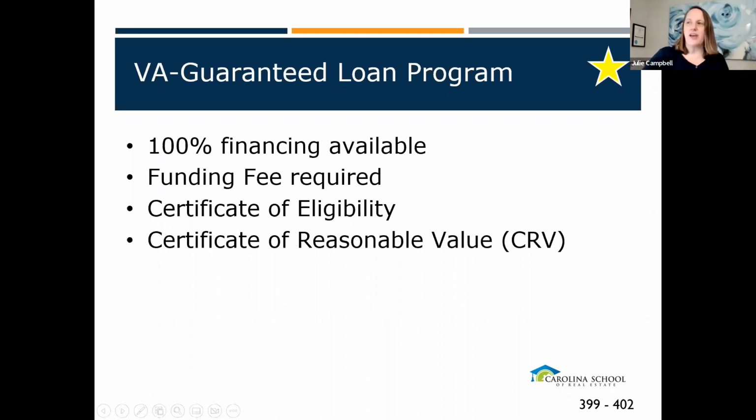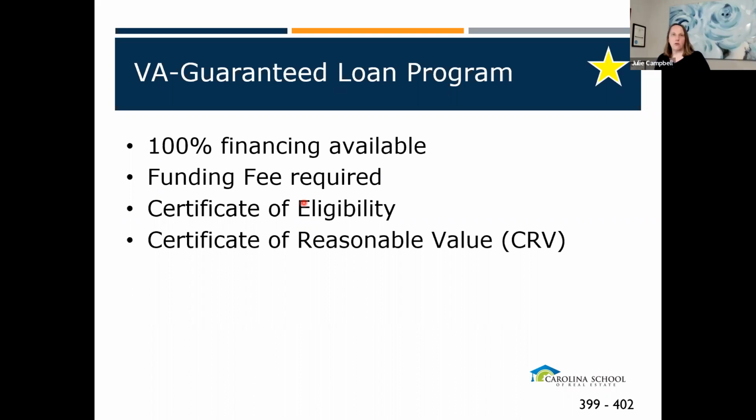Each eligible vet gets what's known as a certificate of eligibility. That certificate of eligibility tells the VA, it determines how much the borrower can get. So the approval process, the certificate of eligibility, determines how much the VA borrower can borrow.